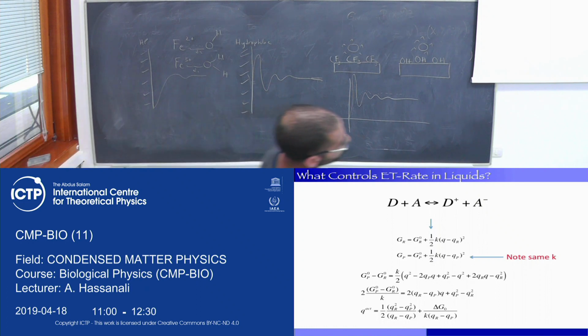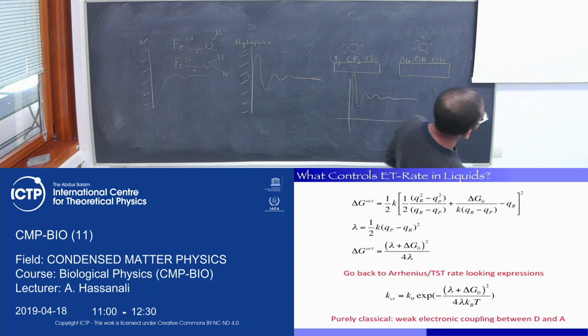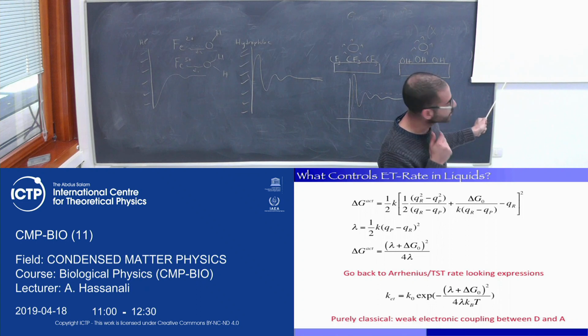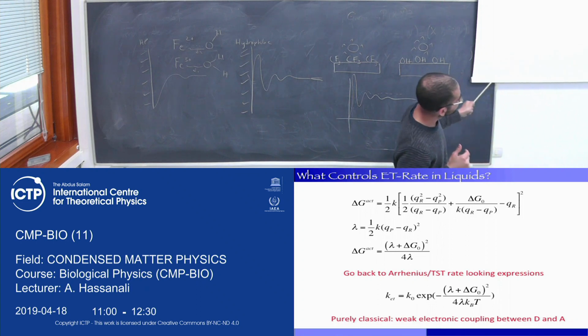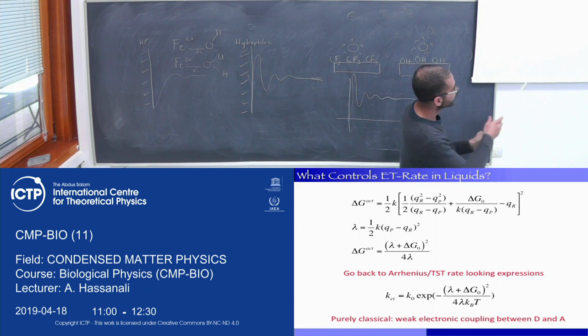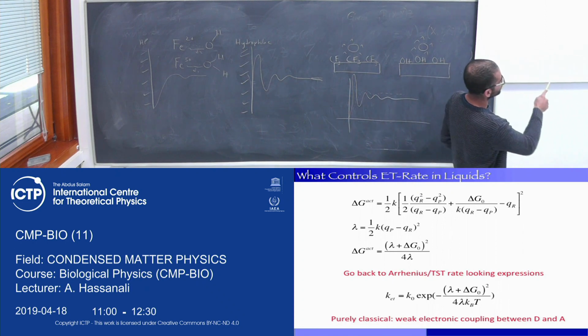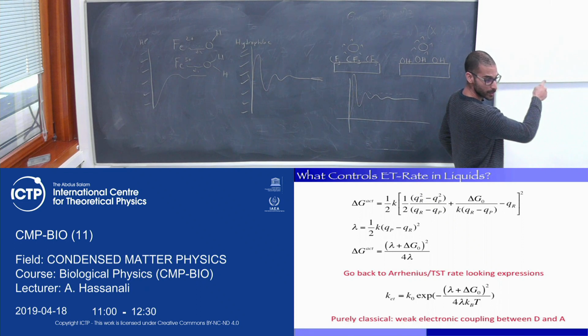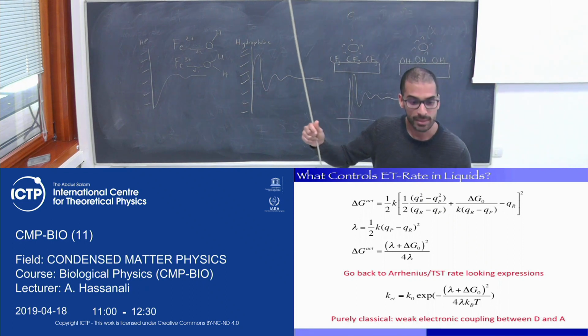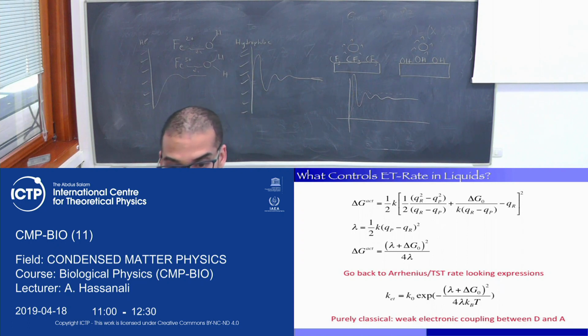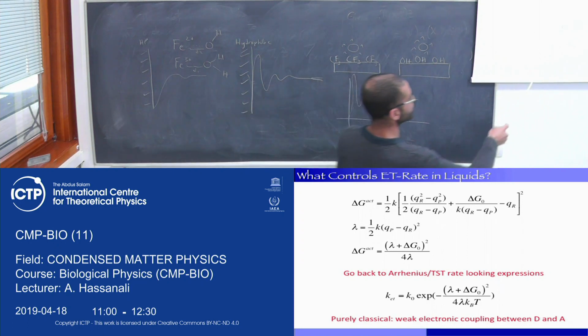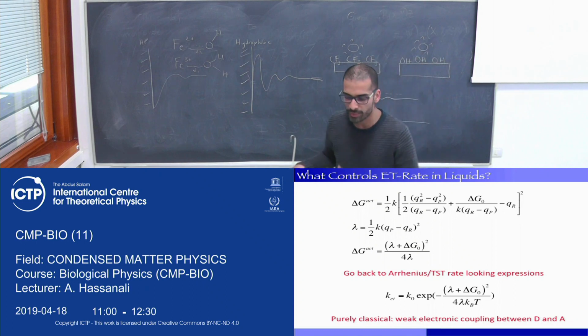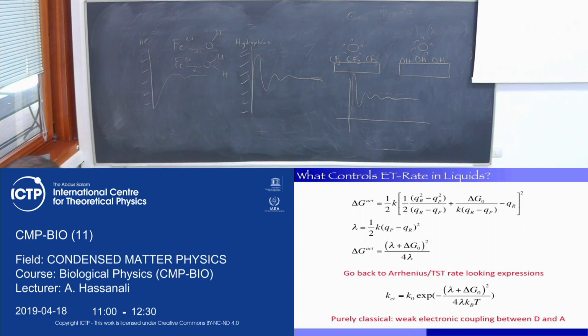And if you make that assumption, what he was able to show is that the rate of charge transfer is proportional to this object here. And this activation barrier is a sum of delta G0, which is the free energy difference between the two states, and lambda. Lambda is something known as the solvent reorganization, the energy required to reorganize the solvent around the reactant or the product.